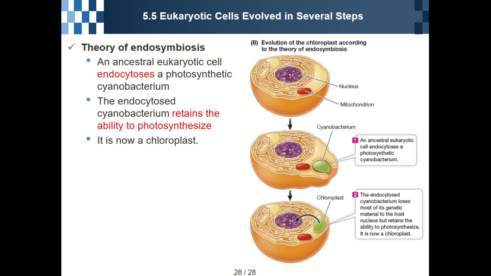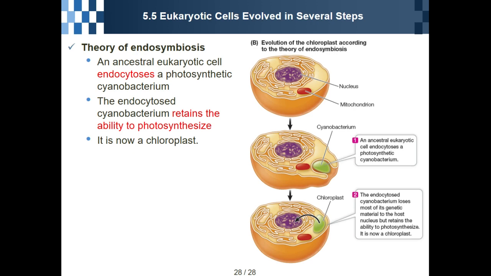They provide ATP, but they receive nutrients from another cell. Okay, but this is a theory. Maybe eukaryotic cell structure is very complex. Maybe we thought that endosymbiosis happens. One example is the chloroplast.